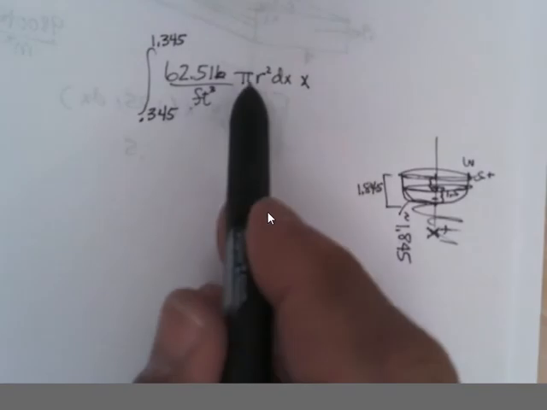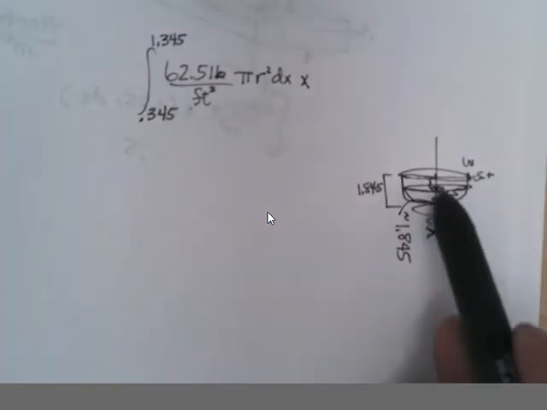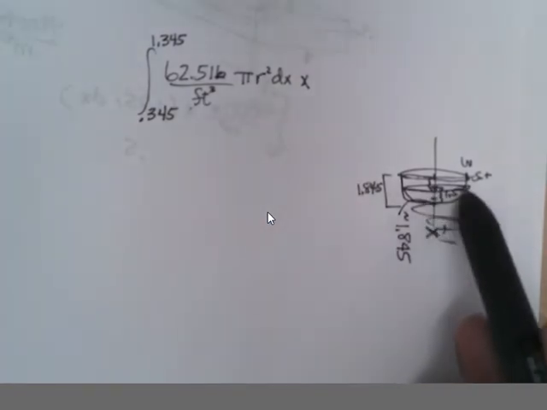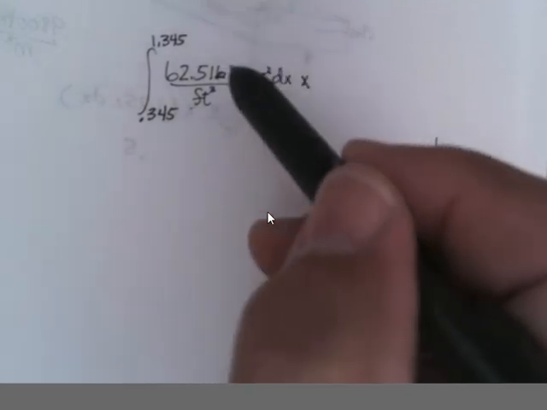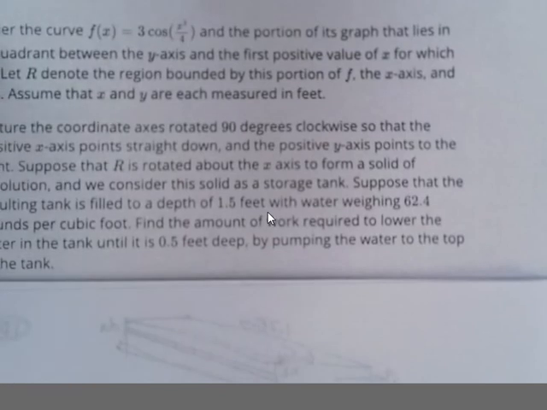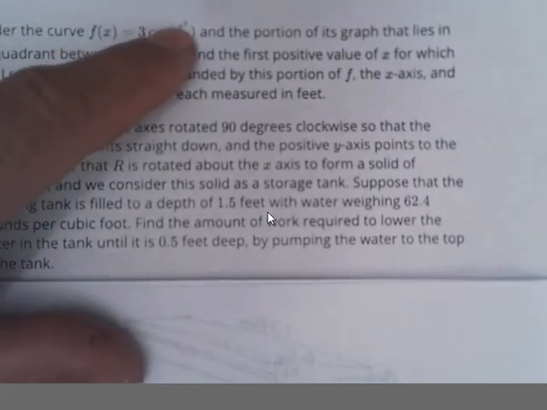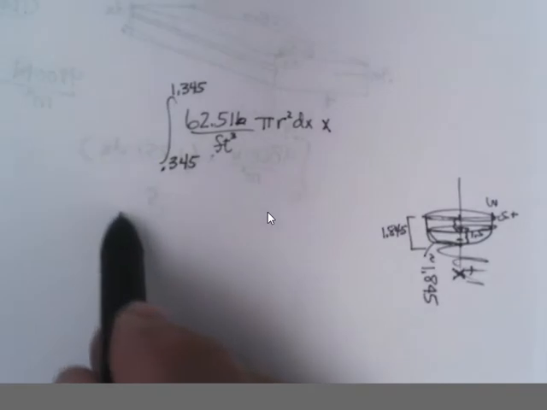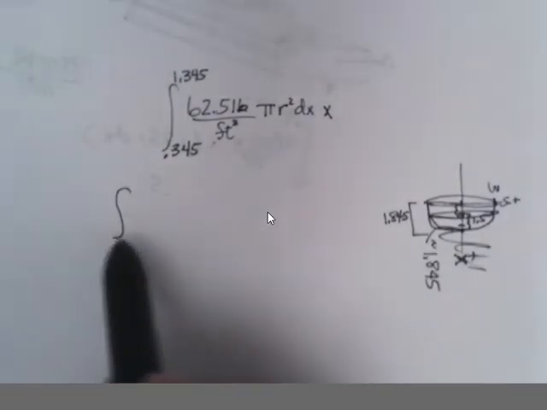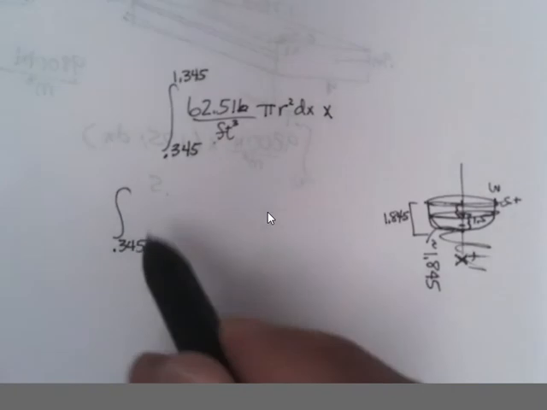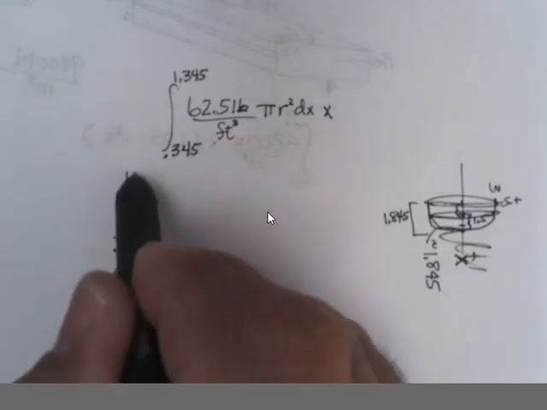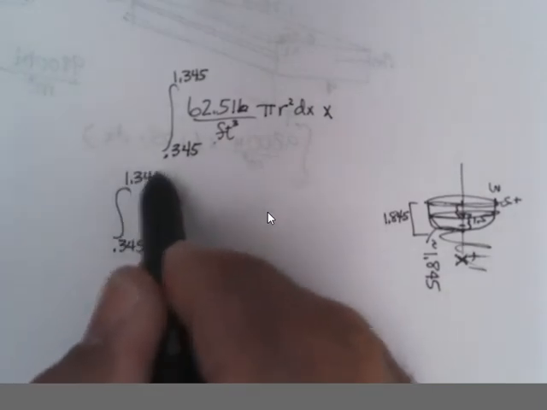So everything's cool here except the radius, which I called r, is in the y direction, so it's y squared. But y, according to the original problem, is 3 cosine of x to the third over 4. So my final integral for this one would be the integral from 0.345 to 1.345.